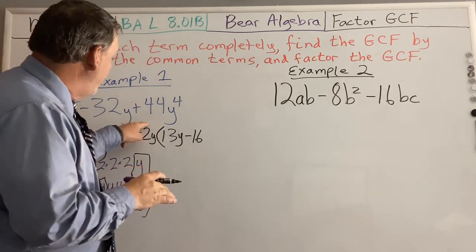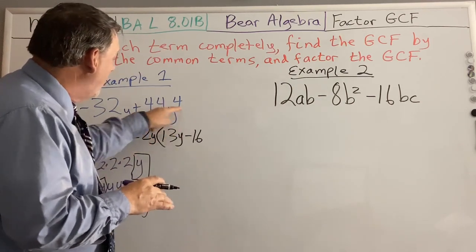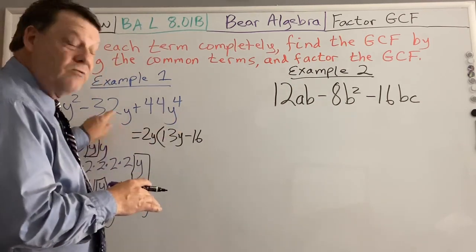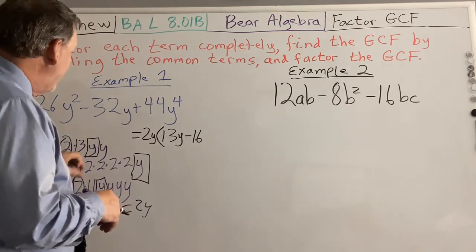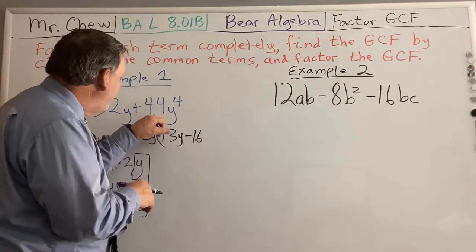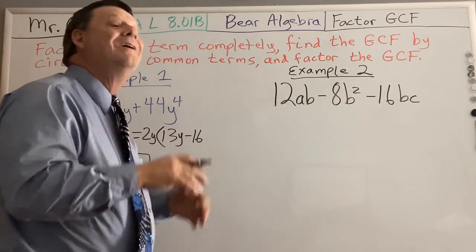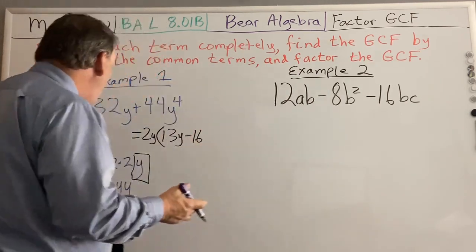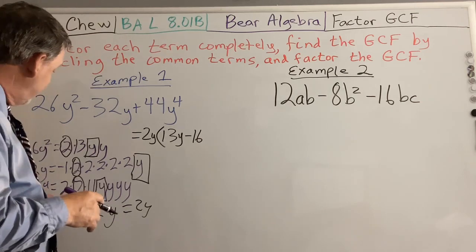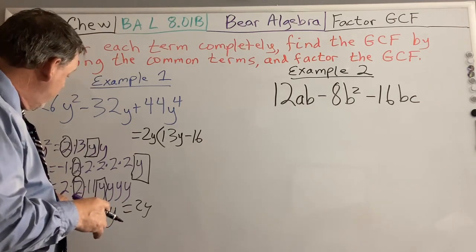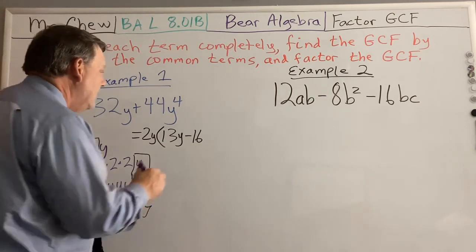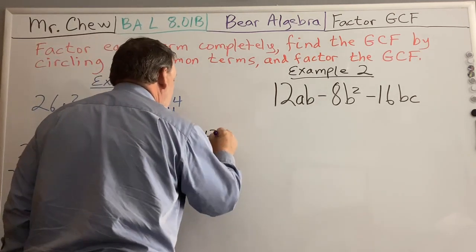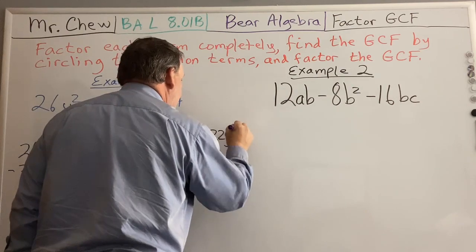So if you reverse the distributive property here, 2y times negative 16 will give you negative 32y, and yes, that did work. Now we have to find out what you multiply 2y by to get 44y to the fourth. Some of you automatically know it. If you don't, look back and see what hasn't been circled. 2 times 11 times y times y times y is 22y to the third.